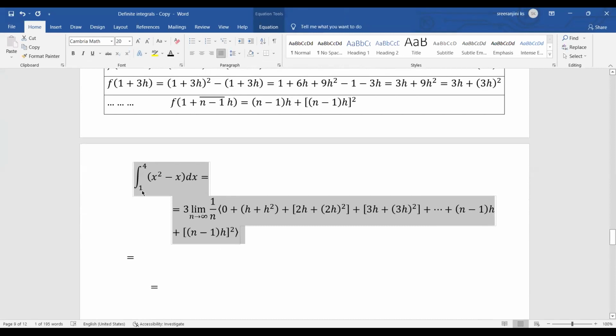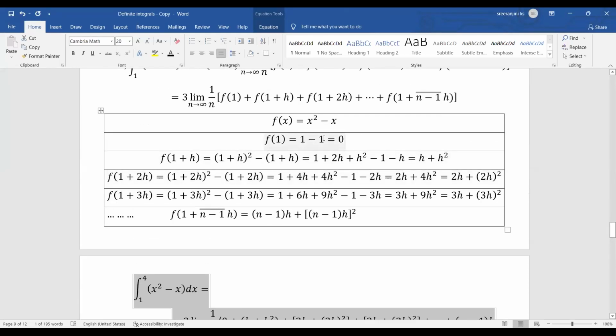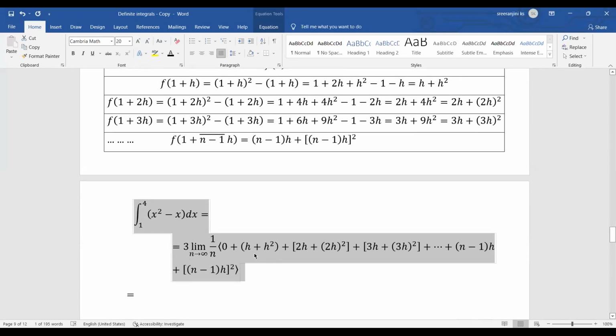Now coming to the integral. Integral 1 to 4 x square minus x dx equal to b minus a is 3, 4 minus 1. So 3 into limit n tends to infinity, 1 by n. F of 1 is 0, 0 plus f of 1 plus h, h plus h square, plus f of 1 plus 2h, 2h plus (2h) the whole square, plus f of 1 plus 3h, 3h plus (3h) the whole square.